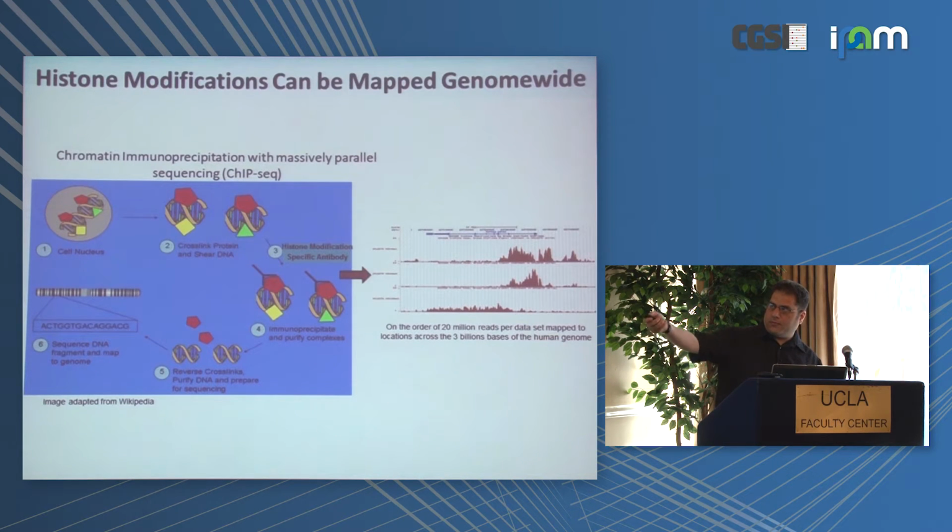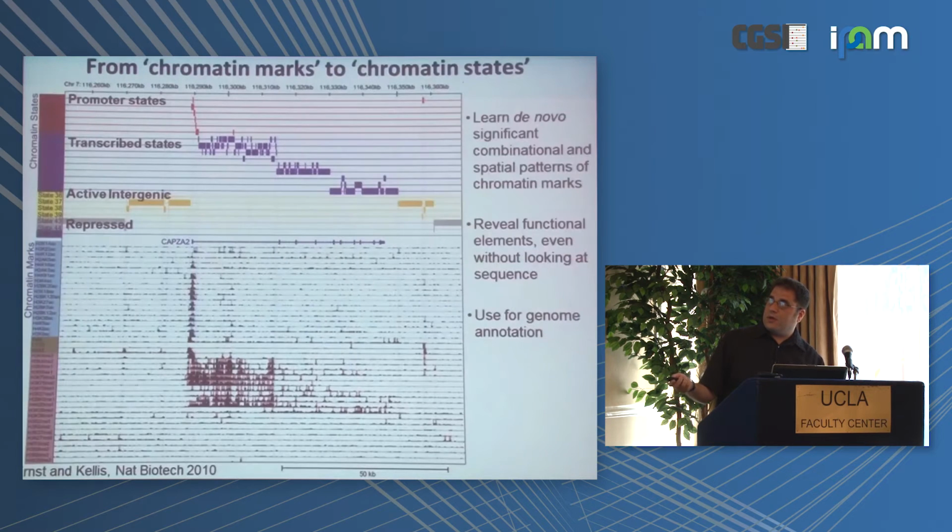It's basically the same technique that's also used to map transcription factors. So the idea is you have an antibody which can recognize the histone modification, and then you extract the DNA where that histone modification is present, and then you sequence that DNA. And then you map it back to the reference genome, and you can create density plots across the 3 billion bases of the genome. In a typical experiment, you might have 20 million reads. So you get a sense of where various histone modifications are across the genome in a specific cell type.